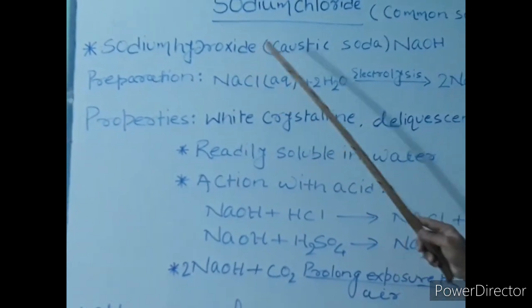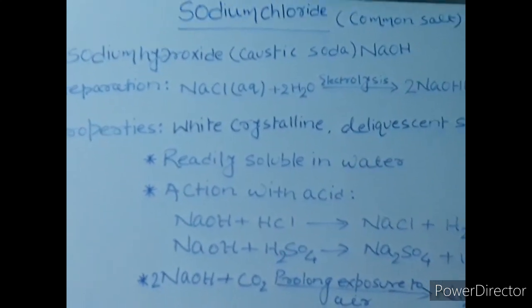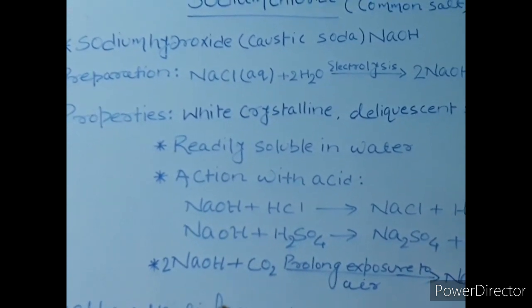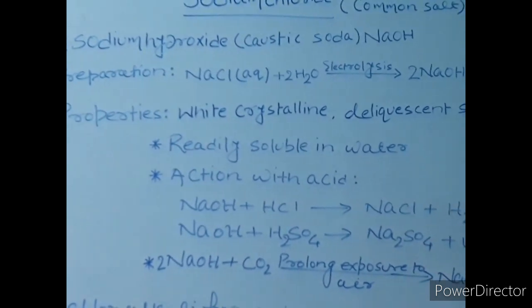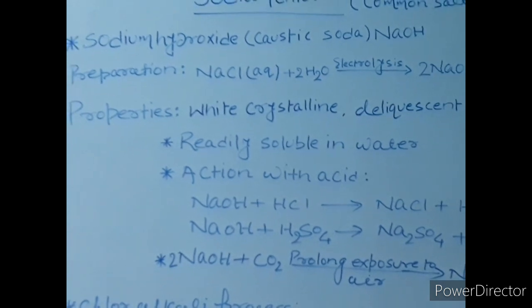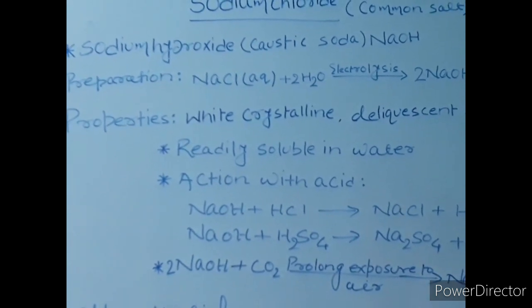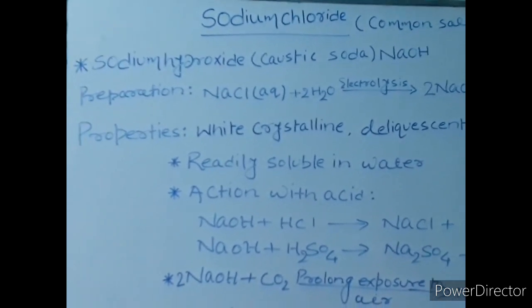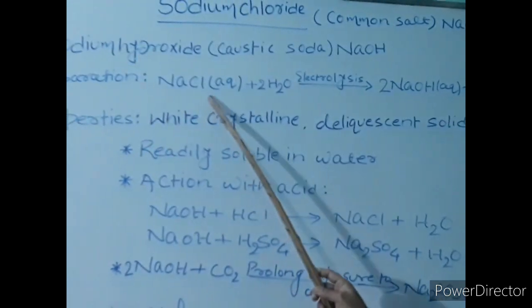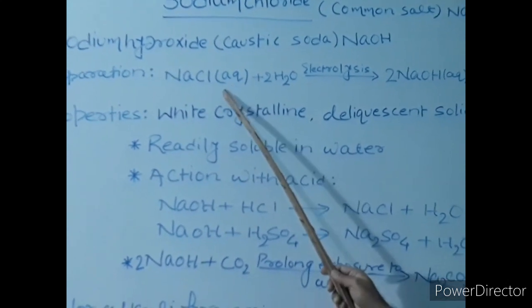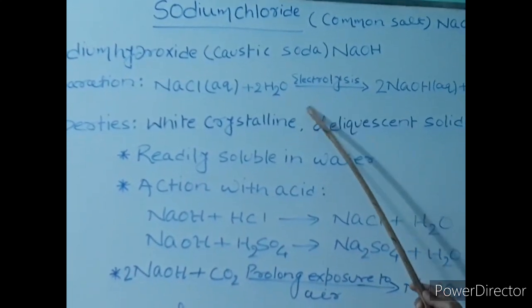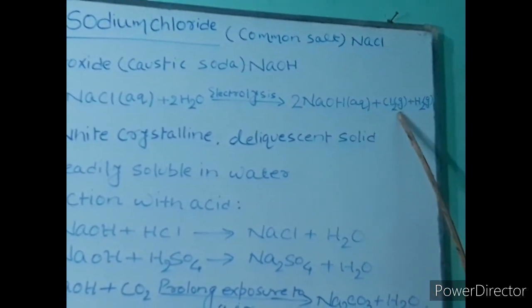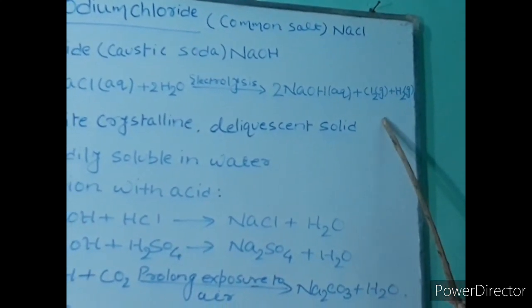Caustic soda can be prepared by the electrolysis of a brine solution. What is a brine solution? A 20% concentration of sodium chloride is known as a brine solution. When the aqueous solution of sodium chloride undergoes electrolysis, it gives sodium hydroxide, chlorine and hydrogen gas.